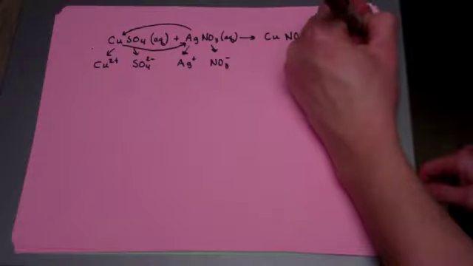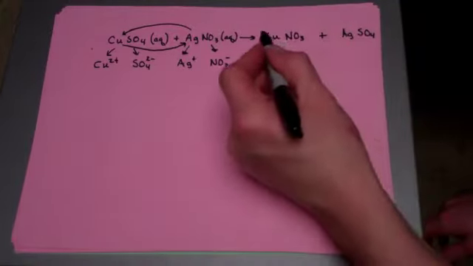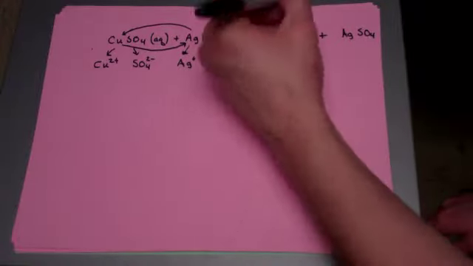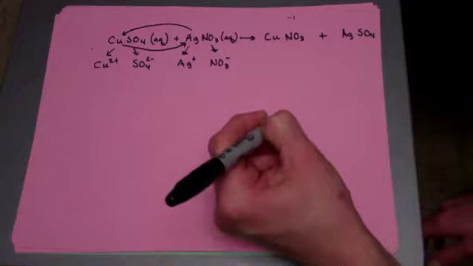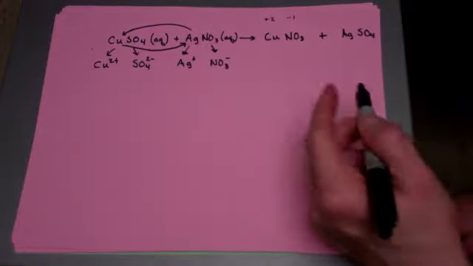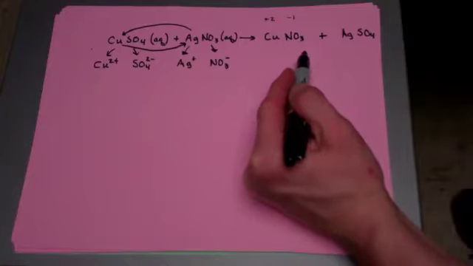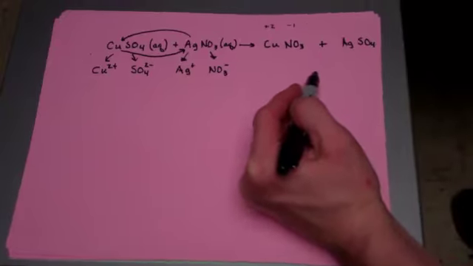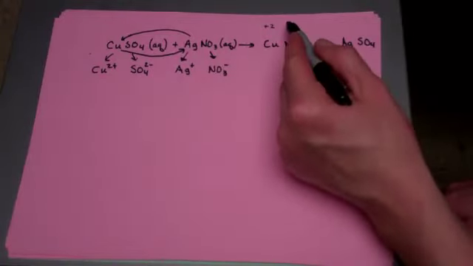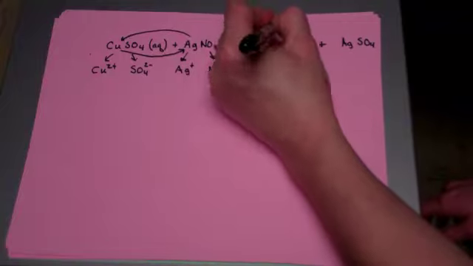So just like when we're making new molecules, we just start out with one of each, and then we evaluate it. We know the nitrate is -1 because we already looked that up. We know our copper is in the +2 state. So these guys are not okay together written like this because their charge state does not equal 0. So we've got to evaluate them and make them 0. And so again, you can do the cross multiplication.